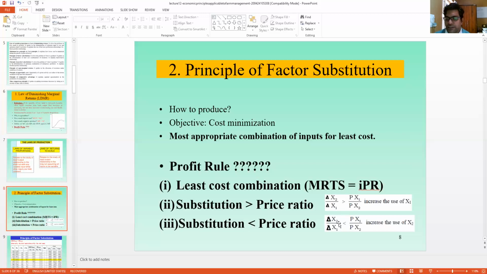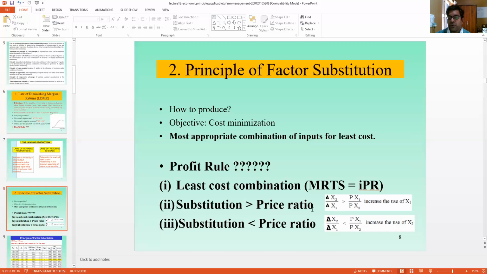Basic mathematics, right? Then here, delta x2 upon delta x1 is less than P of x1 upon P of x2. It means the additional change, the value in the numerator, is very low. That is why MRTS is less than the price ratio. If you increase the additional change in the numerator, from 20 to 30, 40, and if you keep it constant or reduce it, then MRTS will get equal to the price ratio.